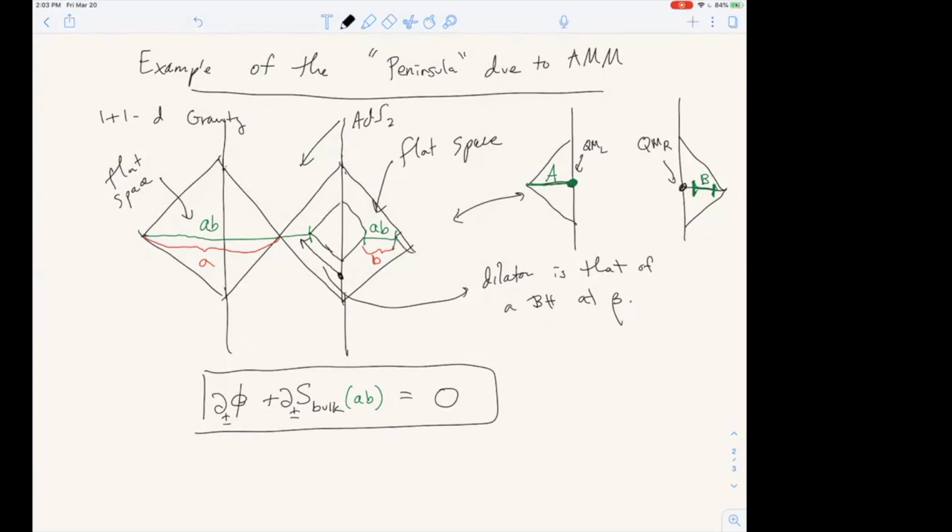So maybe at first this operator is there and can be reconstructed by the complement of AB. But as I move down, eventually, if I insert the operator down here and then time evolve forwards, it will be lost from just this complementary region. It will now be reconstructible from AB, but not reconstructible from the complement.